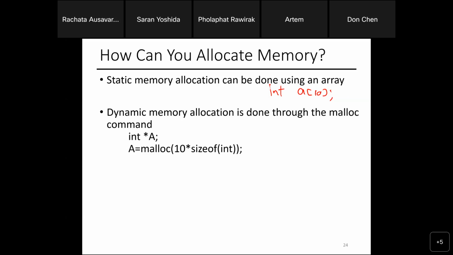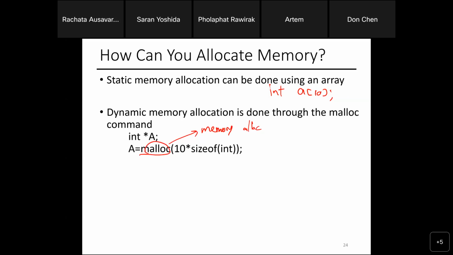We can use a function called malloc. Malloc is memory allocation. It takes in one input, the size that you want. If you want an array of 10 integers, the size should be 10 multiplied by the size of an integer.